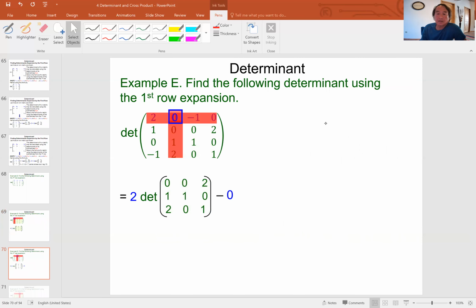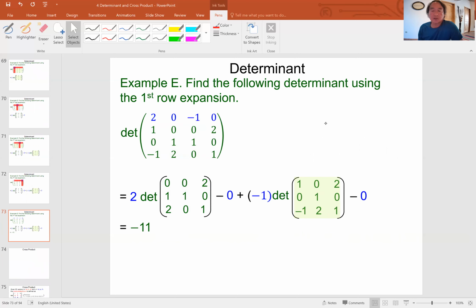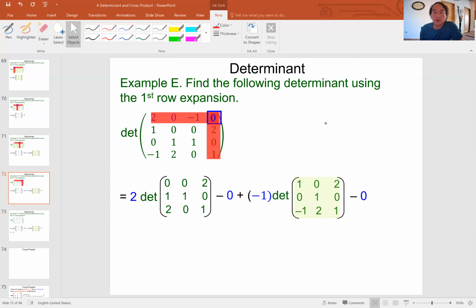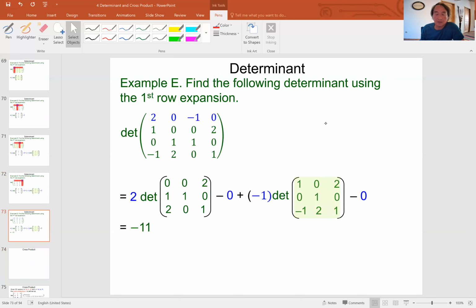And here's a 4x4: how do we expand according to the first row? It's just like the 3x3 case. You go down the first row and change the 4x4 into four problems of 3x3, and each 3x3 you change into 2x2 problems. Then you find the determinants. Now we come to the cross product.